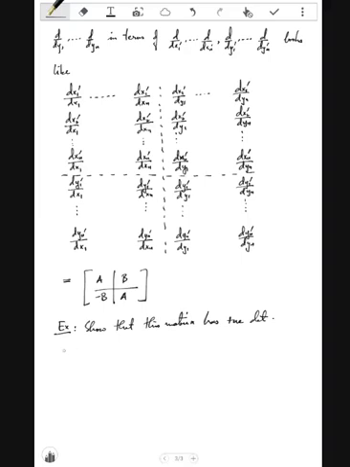Because of this, dx1 wedge dxn wedge dy1 wedge dyn is a positive multiple of dx1 prime wedge dxn prime wedge dy1 prime wedge dyn prime.